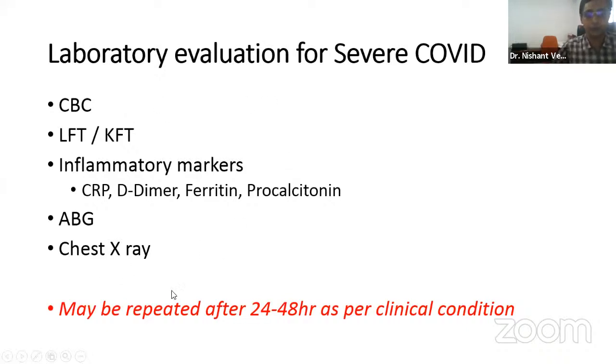Now, these investigations may be repeated after 24 to 48 hours as per the child's clinical condition. In most of the scenarios, a child with ARDS in ICU, we would perform the inflammatory markers, including CBC, on a daily basis, an X-ray on a SOS basis, and ABG usually 12 hourly till the child's condition stabilizes.